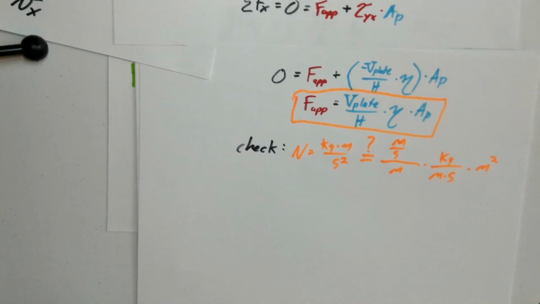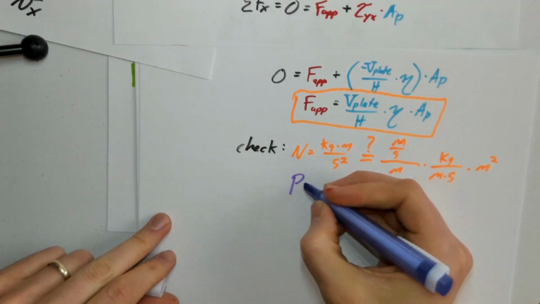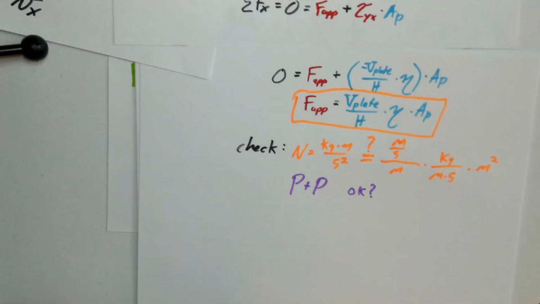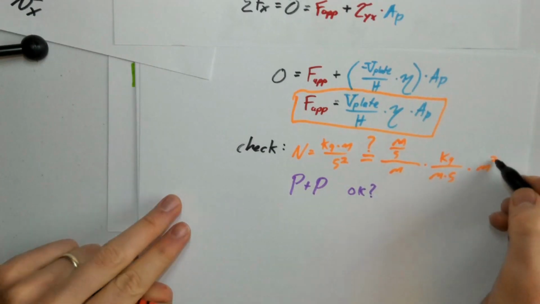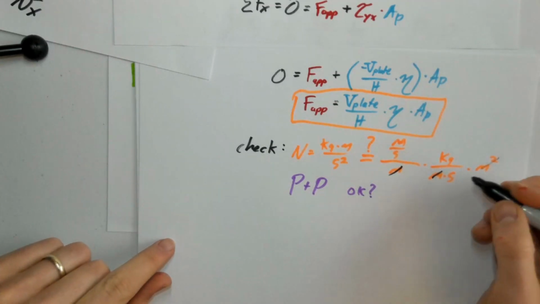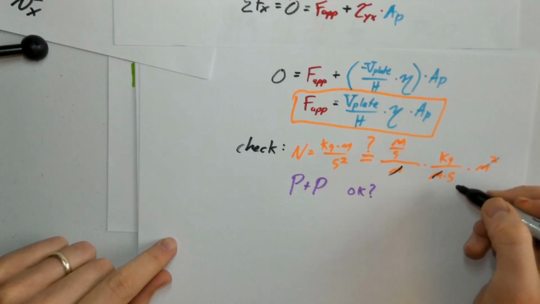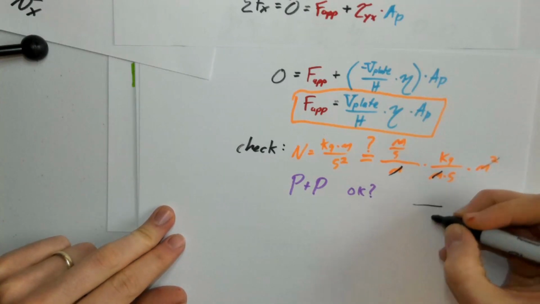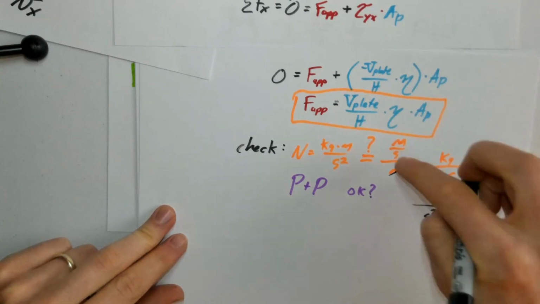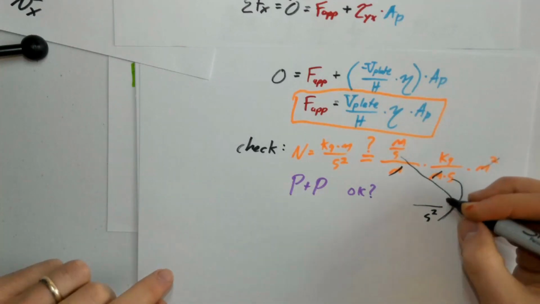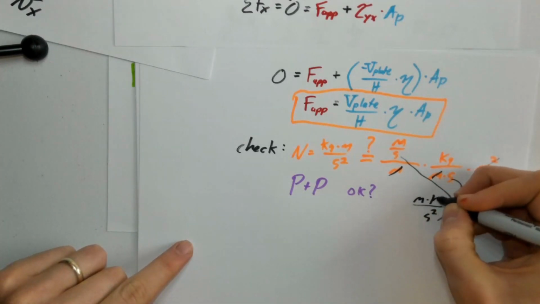So take a moment, pause and ponder. Are we okay? So hopefully you've paused and pondered at this point. Our meters squared cancel. The 1 over seconds in the numerator and the seconds in the denominator give us seconds squared from each of these. And then we have a meter and a kilogram here. So we have meter and kilogram.